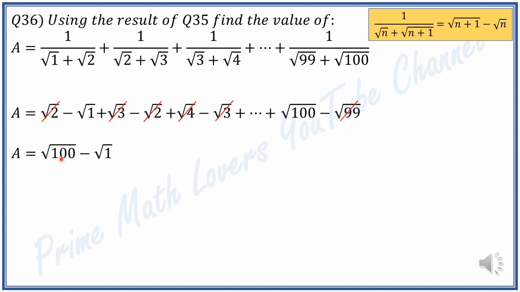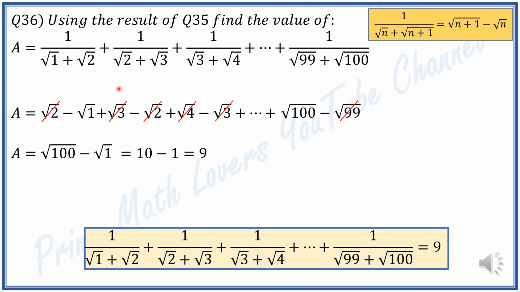So a is equal to square root of 100 minus square root of 1. Square root of 100 is 10 and square root of 1 is 1. So 10 minus 1 is equal to 9. So this means that our expression is equal to 9.